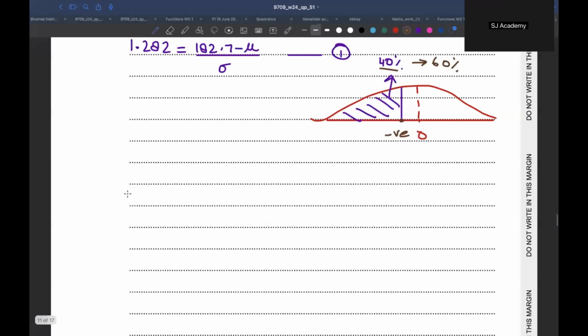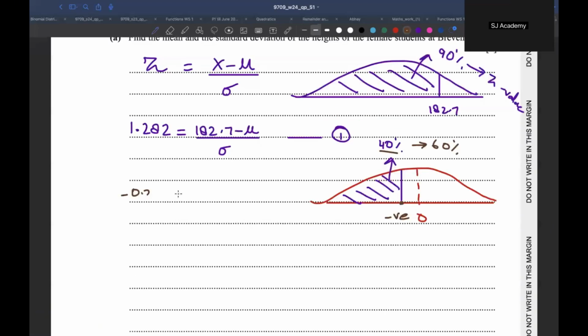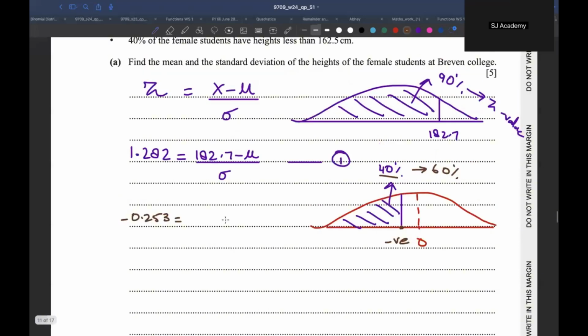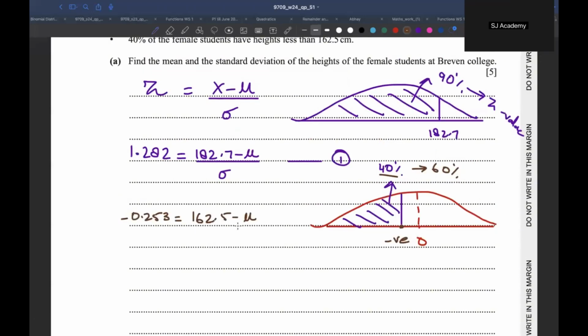So this will be negative 0.253 is equal to 162.5 minus mu upon standard deviation, right? And then we just simply solve it simultaneously and we get the values of mu and the standard deviation. Okay, now once you have these two equations, you have to solve them simultaneously.